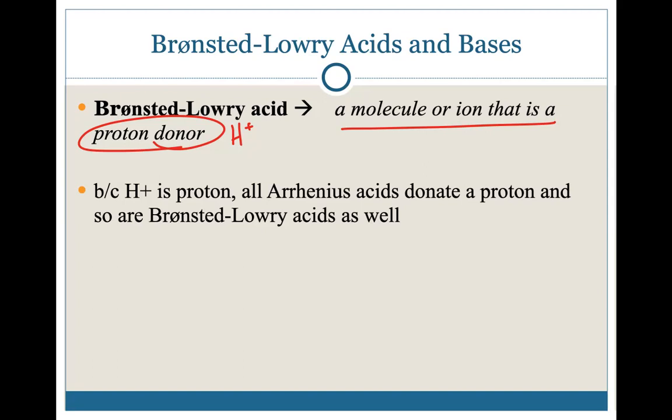Now, Arrhenius acids are defined as aqueous solutions where you're increasing the concentration of hydrogen. Because the hydrogen ion is a proton, all Arrhenius acids donate a proton, so they're also Bronsted-Lowry acids. So if you can apply the Arrhenius definition to an acid, you automatically apply the Bronsted-Lowry definition as well. So there will be some shortcuts based on logic, like, if A is true, then B must also be true.